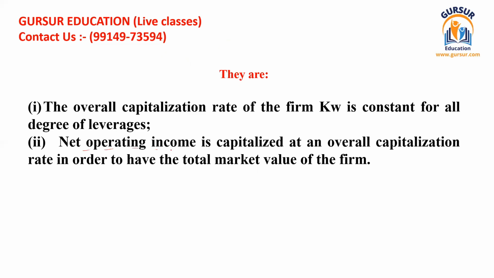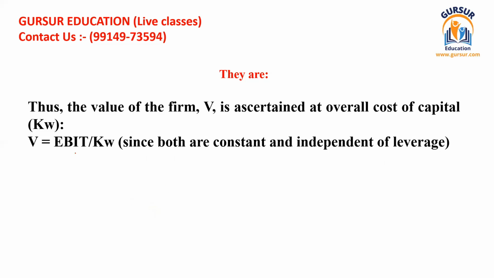The second is that net operating income is capitalized at an overall capitalization rate in order to get the total market value of a firm. So to get the value of a firm, you have to capitalize at the overall capitalization rate. I'll tell you the formula. V is equal to earnings before interest and tax, divided by the overall cost of capital.